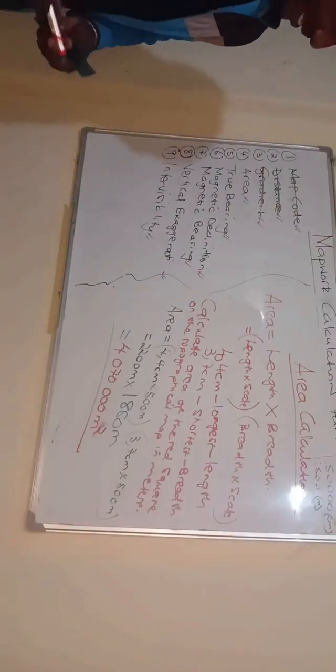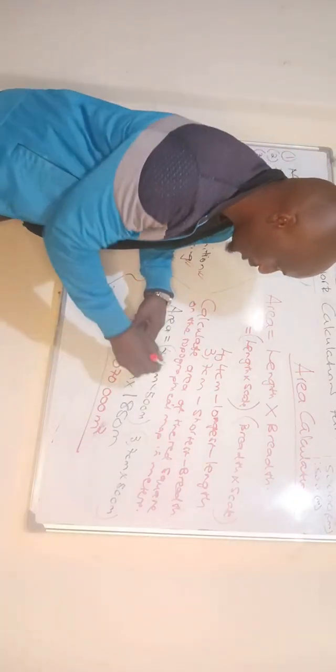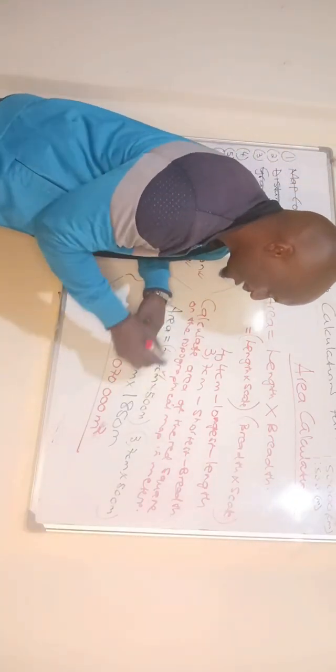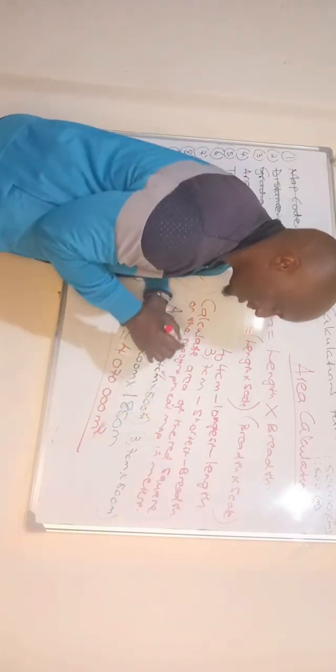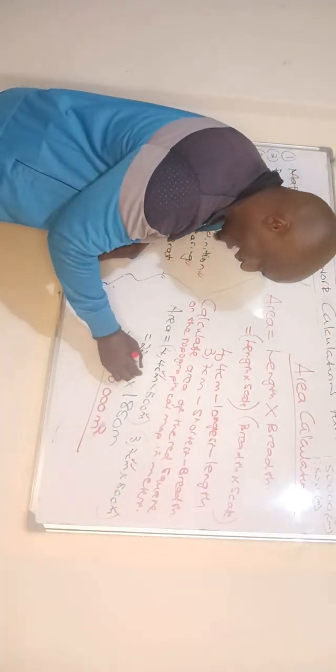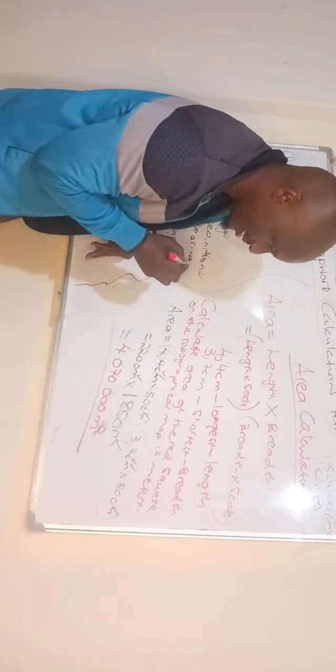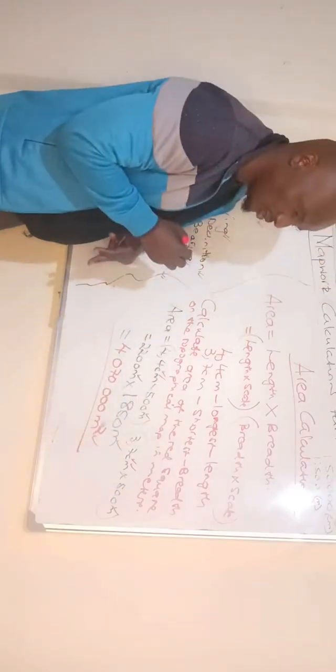From what I have done, I want you to take note. Check my length, it has the unit of measurement. My scale has the correct unit of measurement. My breadth, correct unit of measurement. And my answer as well, correct unit of measurement.